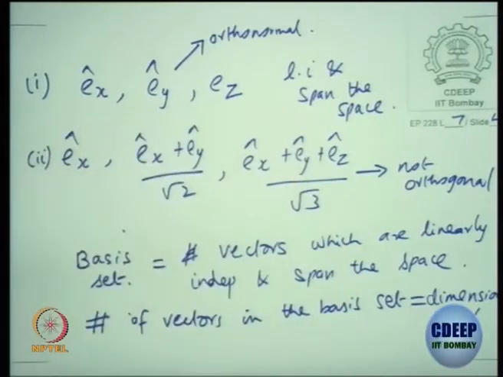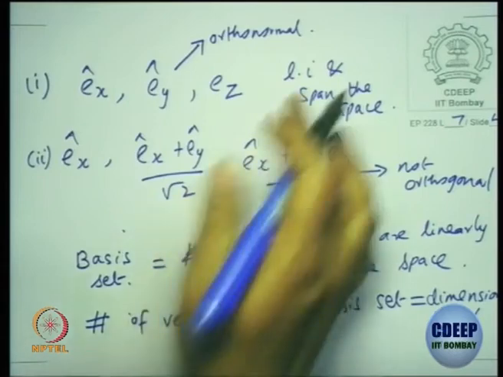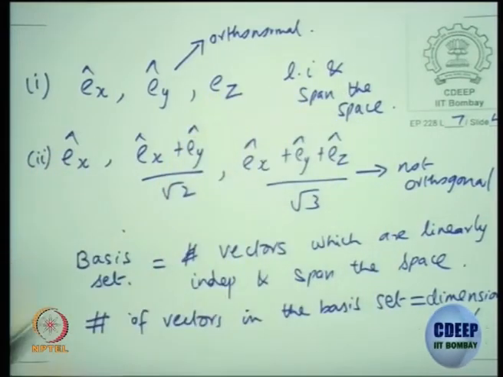It will not be 3, it could be many, but it has to satisfy these properties: they should be linearly independent, and if I give you any arbitrary vector, I should be able to write it as a linear combination of the set which spans the space. That is why it is said to span the space. If you have both conditions, then that minimal set is what is called a basis set, and the number of vectors in that basis set defines the dimension of the vector space.